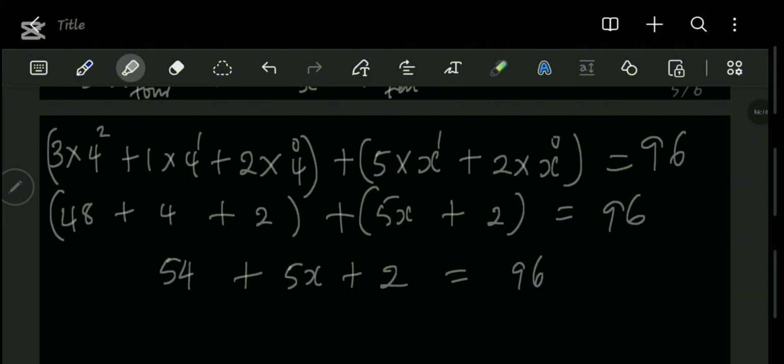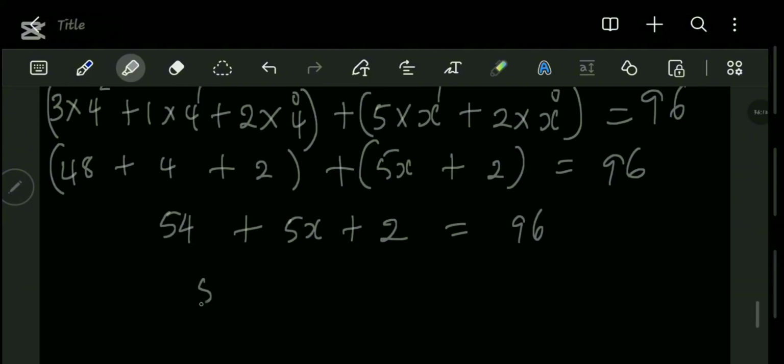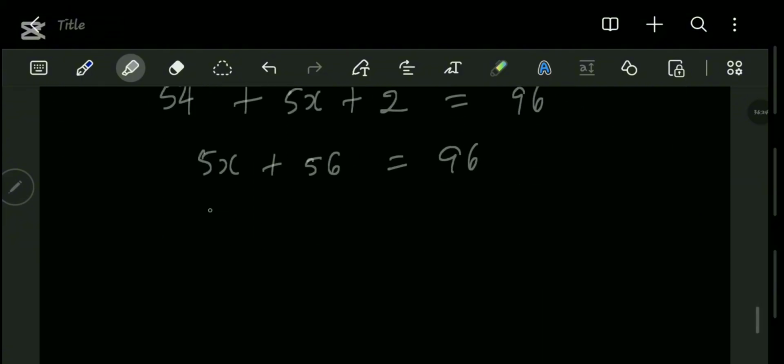So if I collect like terms here, I'm having 5x, 54 plus 2 is 56, right? If I add this 52 together, that's equal to 96. So 5x will be equal to 96. This 56 has a plus sign. When it comes over here, it becomes negative 56.